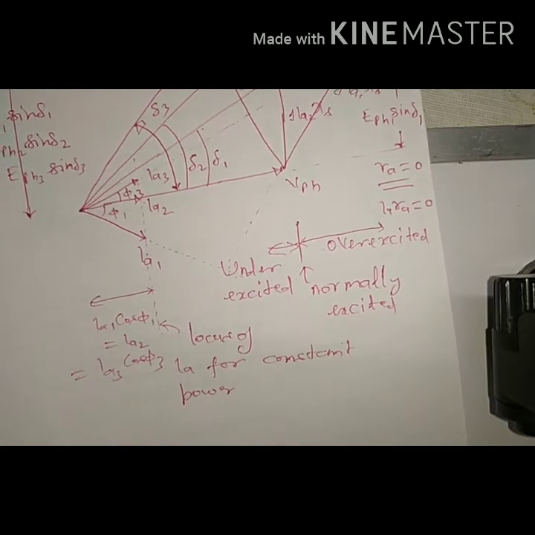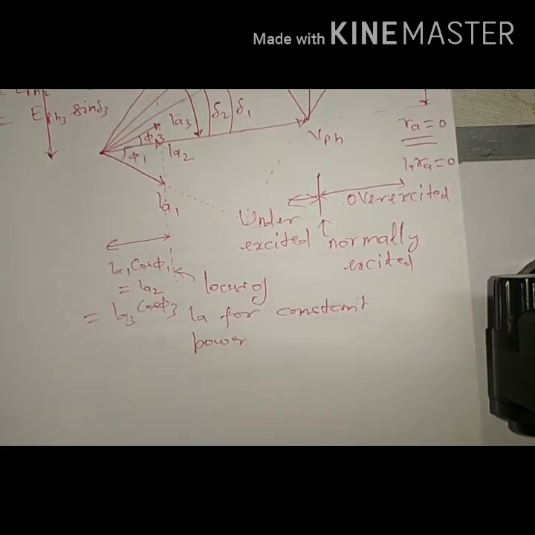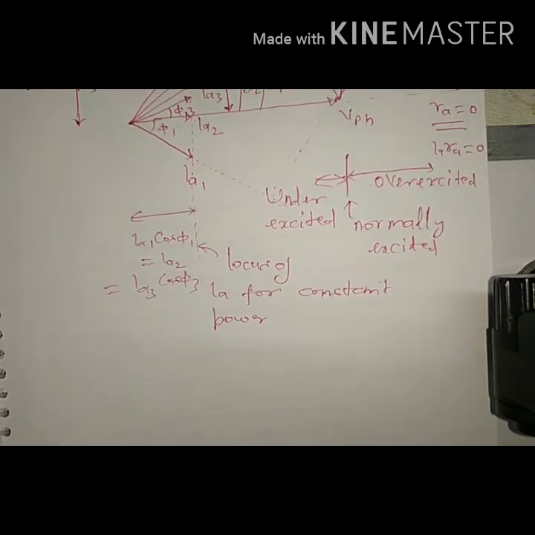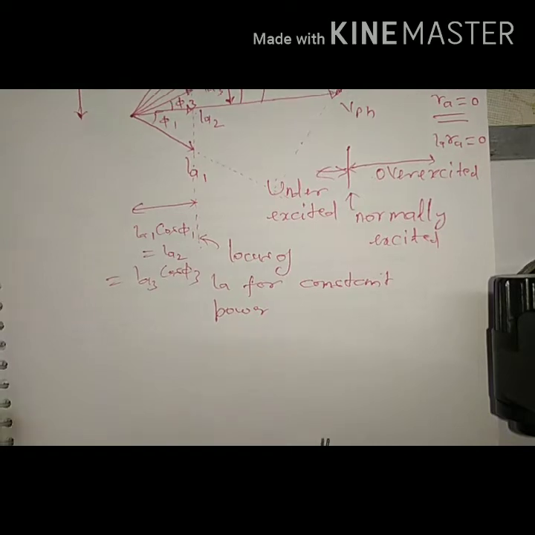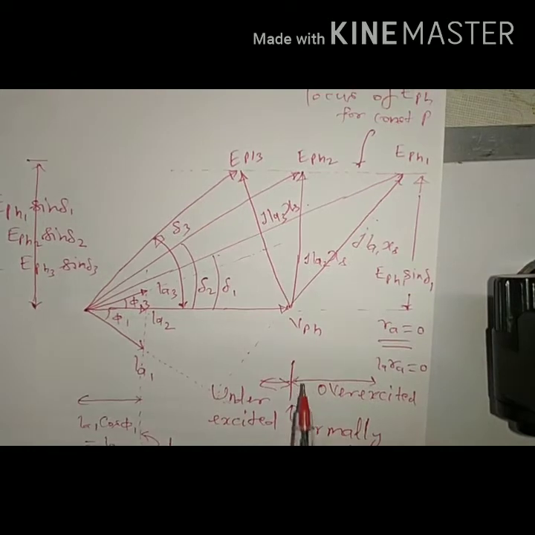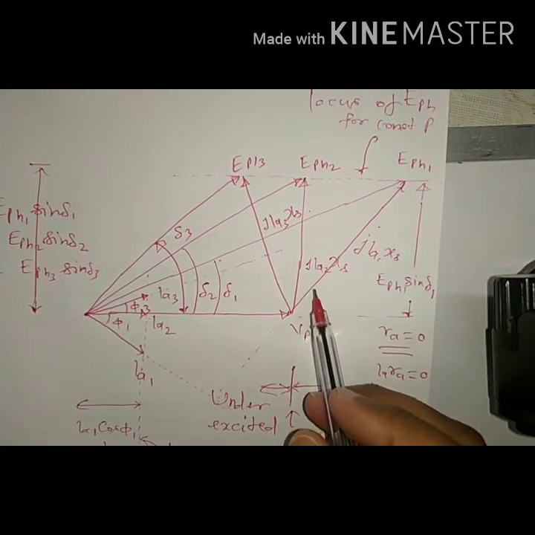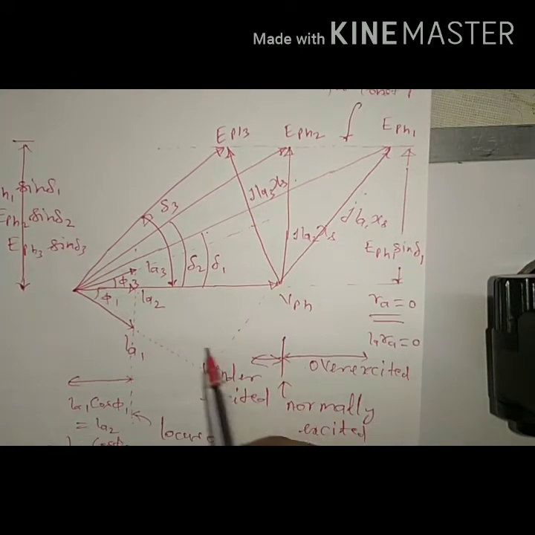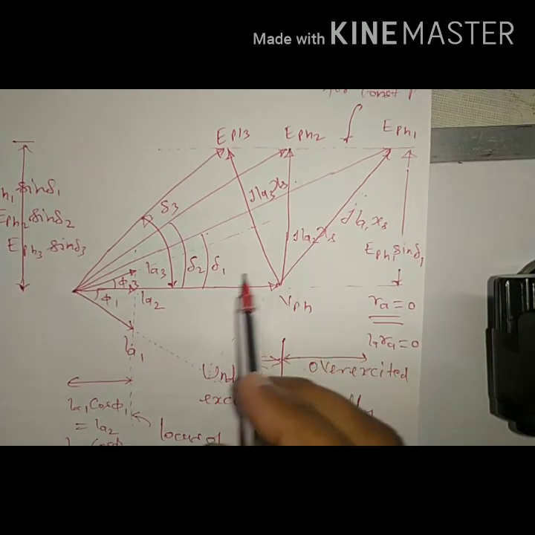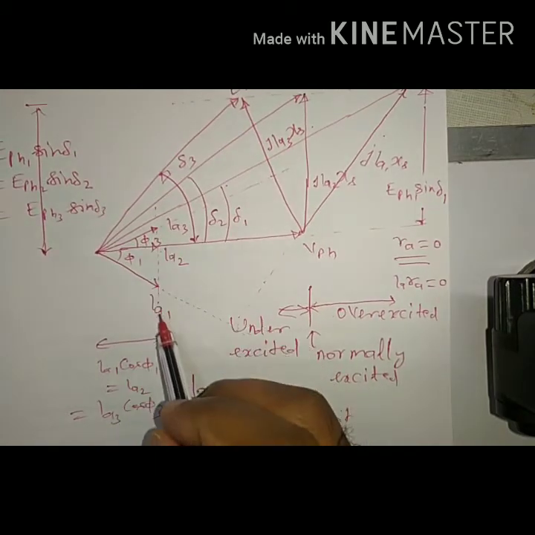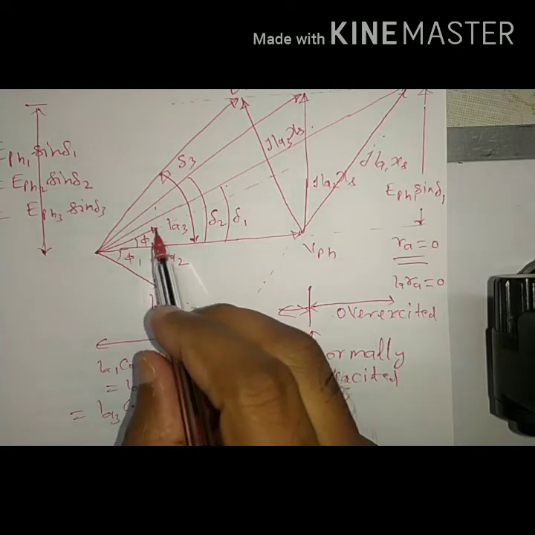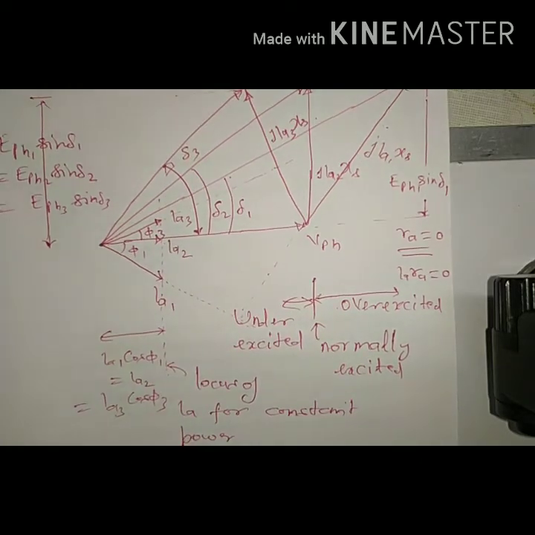So based on this, what is the learning that we want to see for engineers who are working in a power plant? We are seeing from this figure that when excitation is varied to have constant power, the current locus is changing from lagging to unity to leading, right?